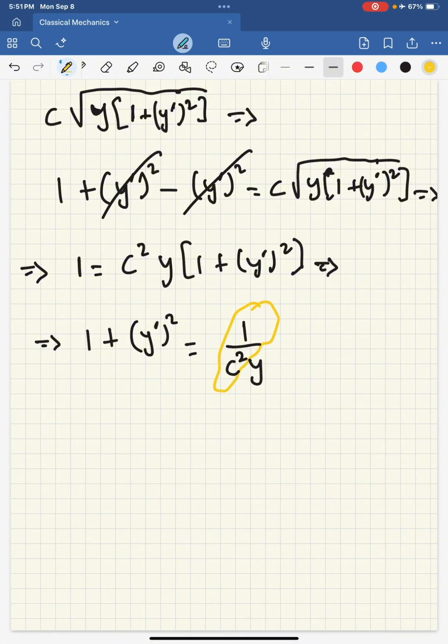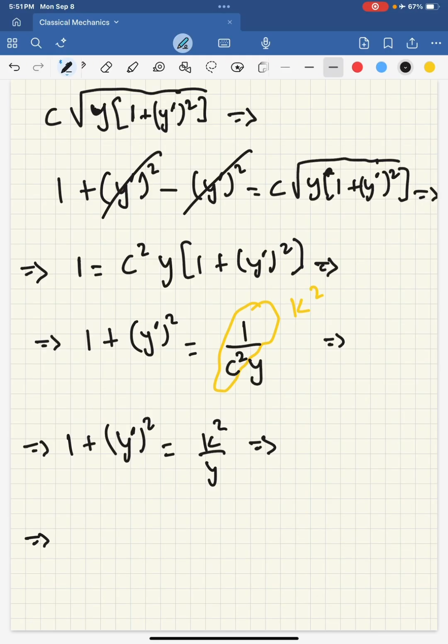Since this is a constant, I'm gonna rename it to k squared, okay? Which is like doing nothing pretty much. So 1 plus y prime squared is k squared over y, okay? And then we can solve this for y prime.